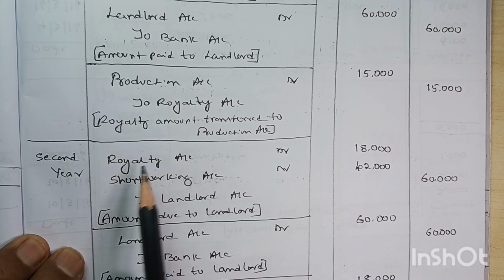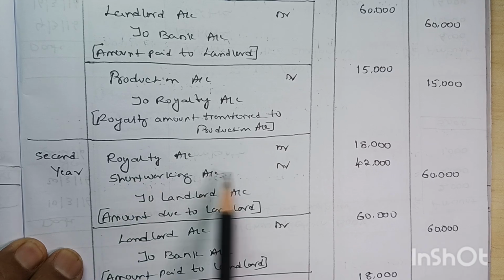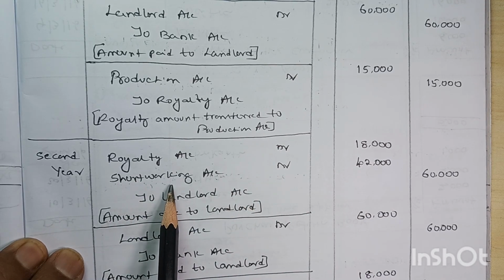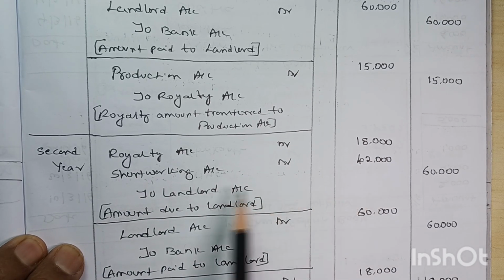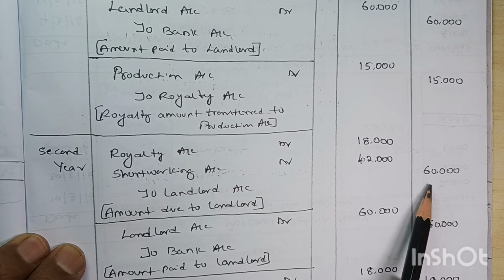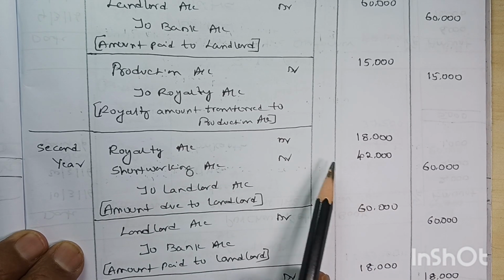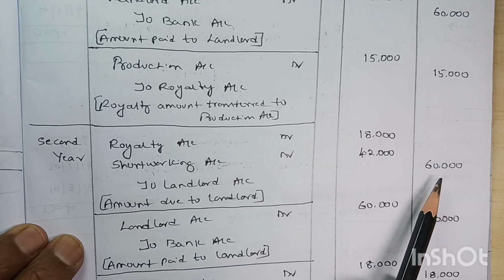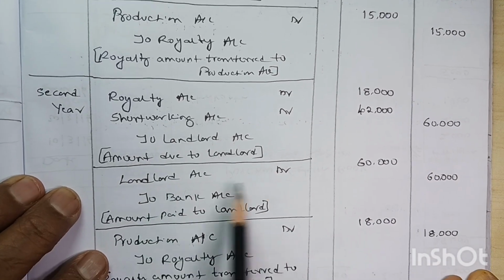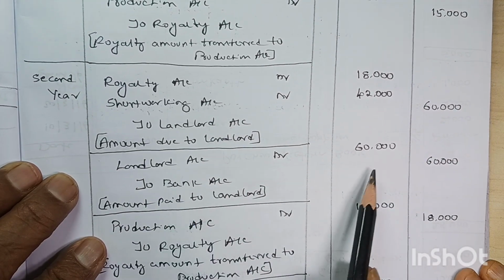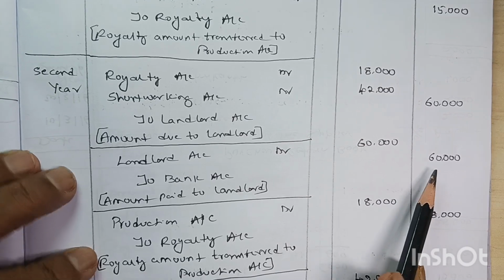Then second year, royalty account debit 18,000, short working account debit 42,000 to landlord account 60,000. Any doubt, you can just refer to our analytical table. See, the same figures are there in the analytical table. Then landlord account debit to bank account, that means amount paid 60,000.